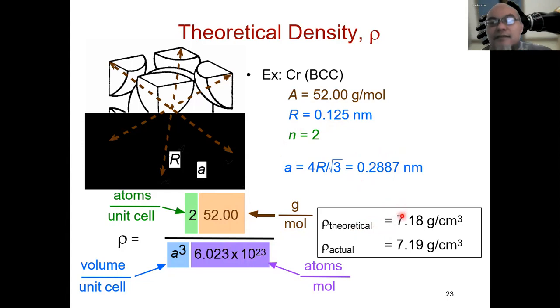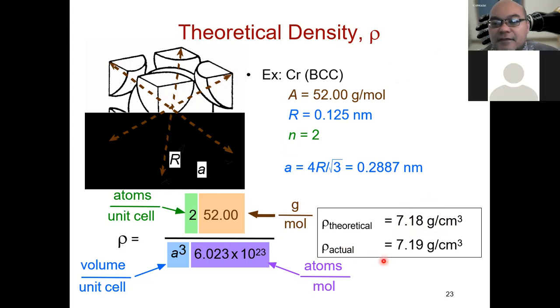be careful with the unit, yeah. The rho theoretical is 7.18 gram per centimeter cubic. Yeah, this is the density calculated based on the atomic structure or the crystalline structure. But in actual, it is a little bit denser. It is 7.19 gram per centimeter cubic.